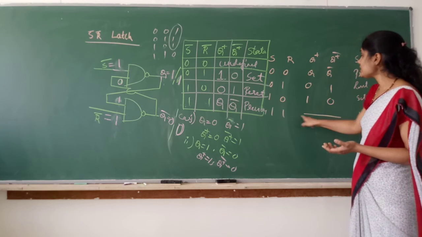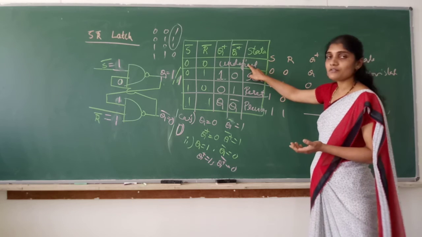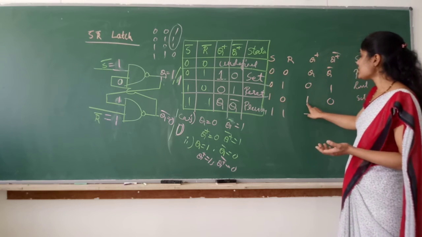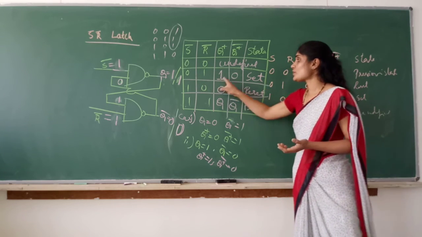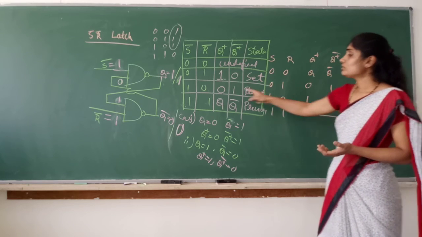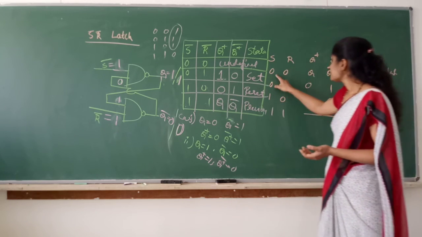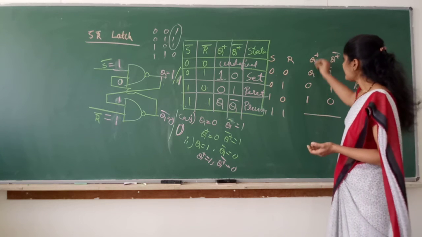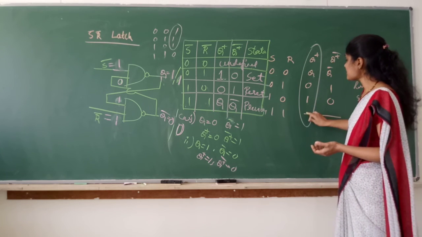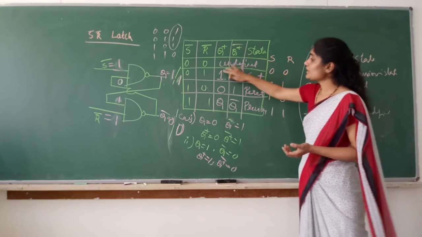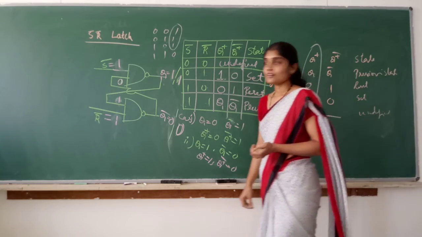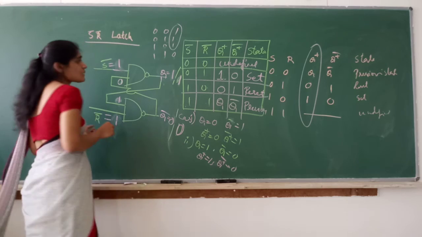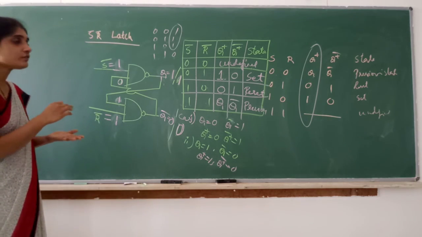See, for 1, 1 it is undefined for SR latch; here it is undefined for 0, 0. 1, 0 it is 1, but here 0, 1 it is 1. 0, 1 it is 0, 1, 0 it is 0. 0, 0 it is Q, but for 1, 1 it is Q. Exactly the opposite. Reverse. So this is the S bar, R bar latch, which is the complement of SR latch.